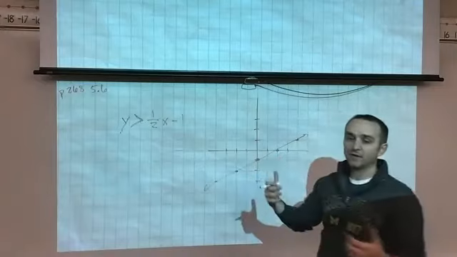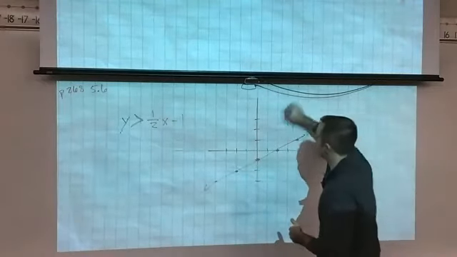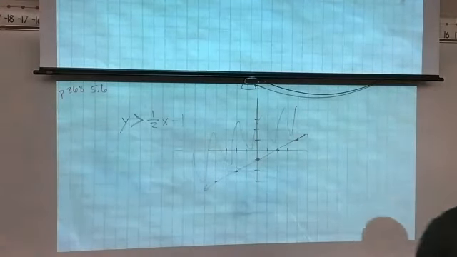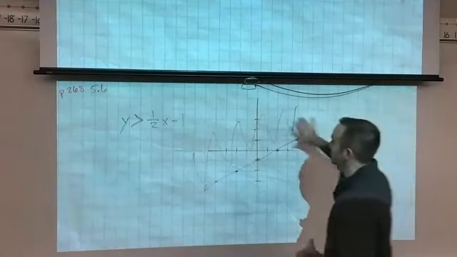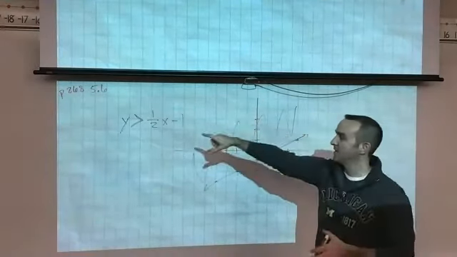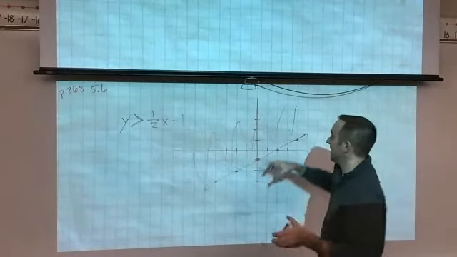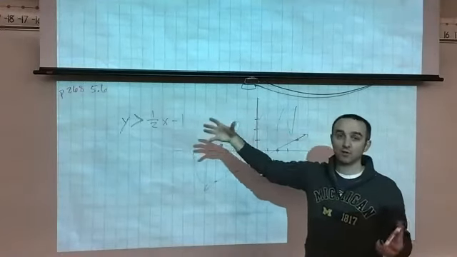Y is greater than, and we said when Y is greater than, we're going to shade above. So then we would shade above that line. So that tells me that any point that's above this line is going to be a solution. We can check and make sure. We can take any point in this shaded region, plug it in and make sure that it works.